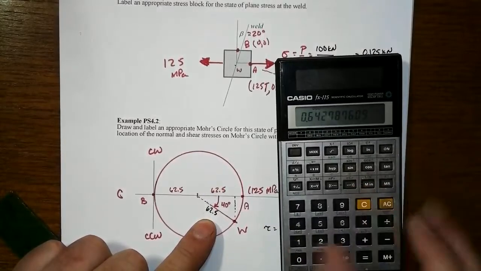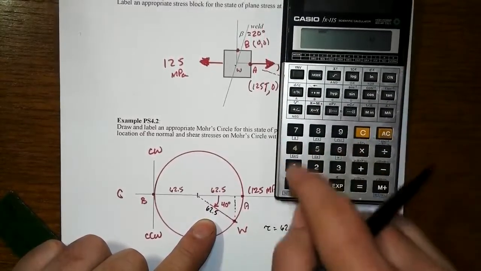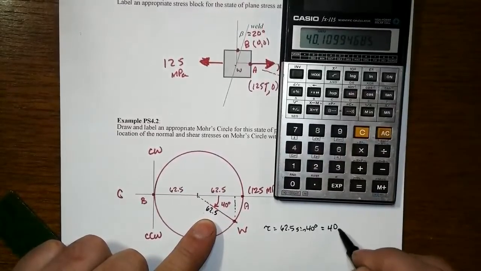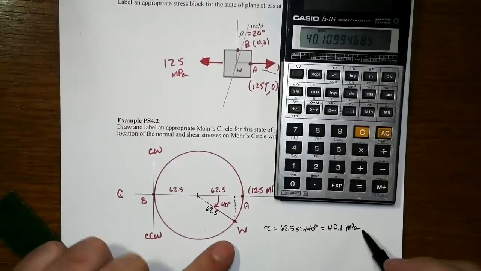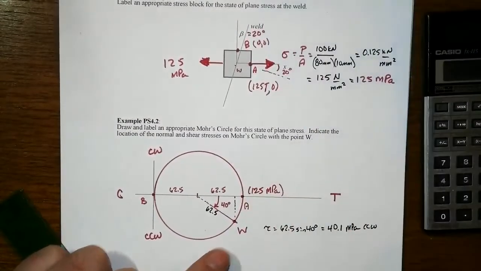Double check that, 62.5 times sine 40 equals 40.1 megapascals, and that's going in a counterclockwise fashion for that one.